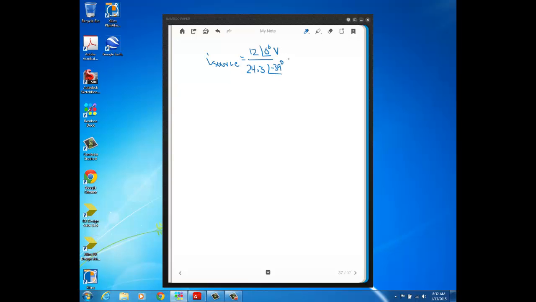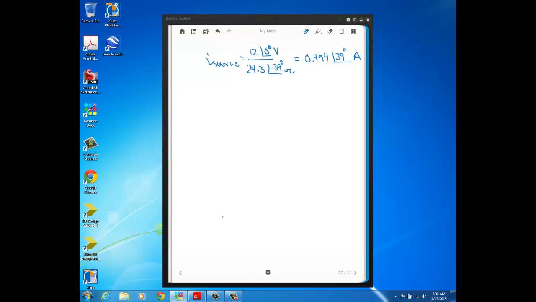So this is voltage, this is ohms, that's a degree symbol there. And that comes out to slightly under a half for magnitude. It's 0.494. That's the magnitude of the source current, and then the angle is plus 39 degrees, because we're going to get 0 minus 39, which is plus 39 degrees. So that's your source current.